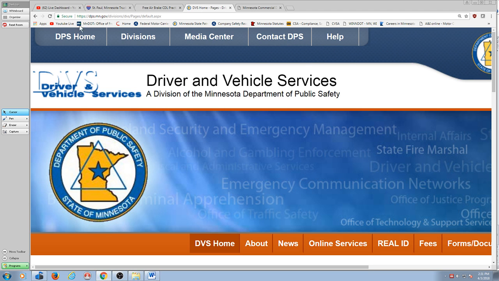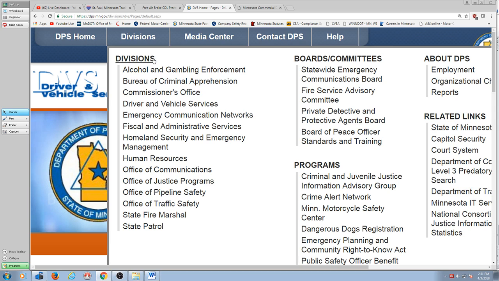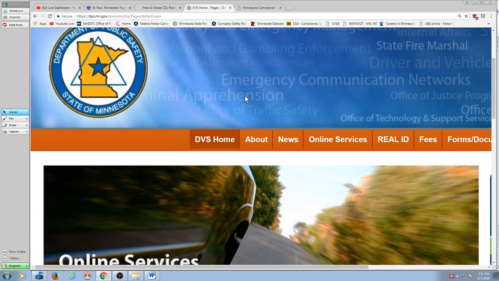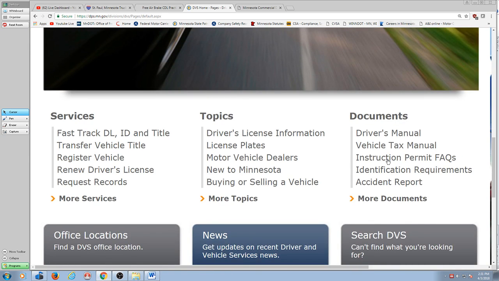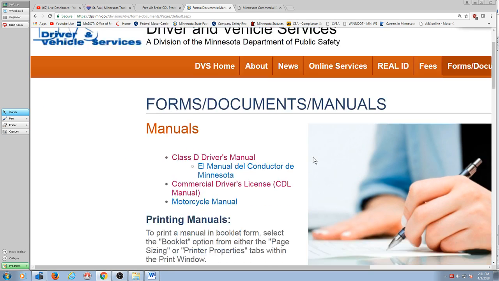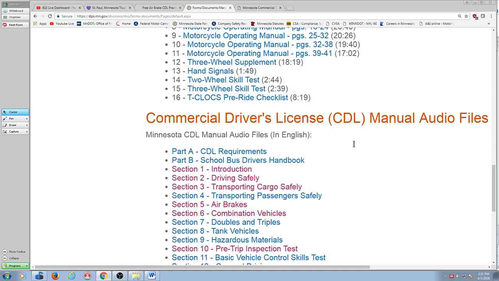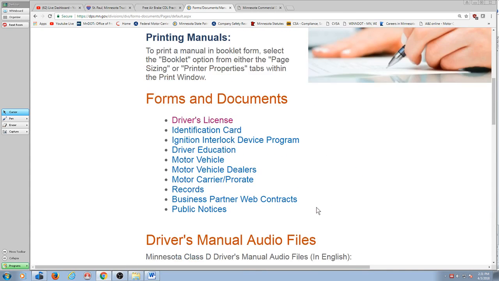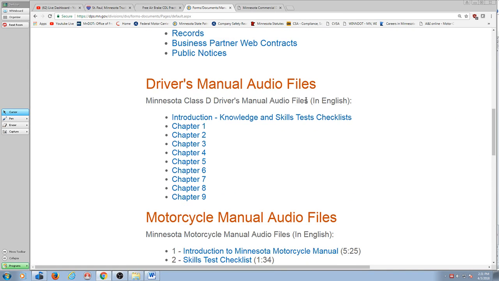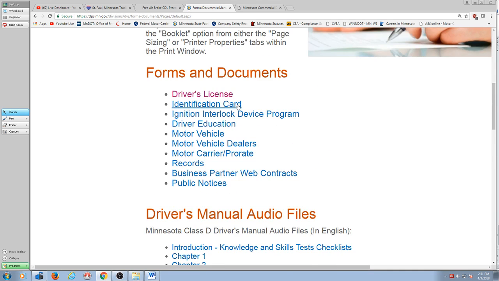Under divisions, you have alcohol and gambling enforcement, Bureau of Criminal Apprehension, driver and vehicle services. Then scroll down, and over where it says documents, click more documents. And it should say driver's manual audio files.